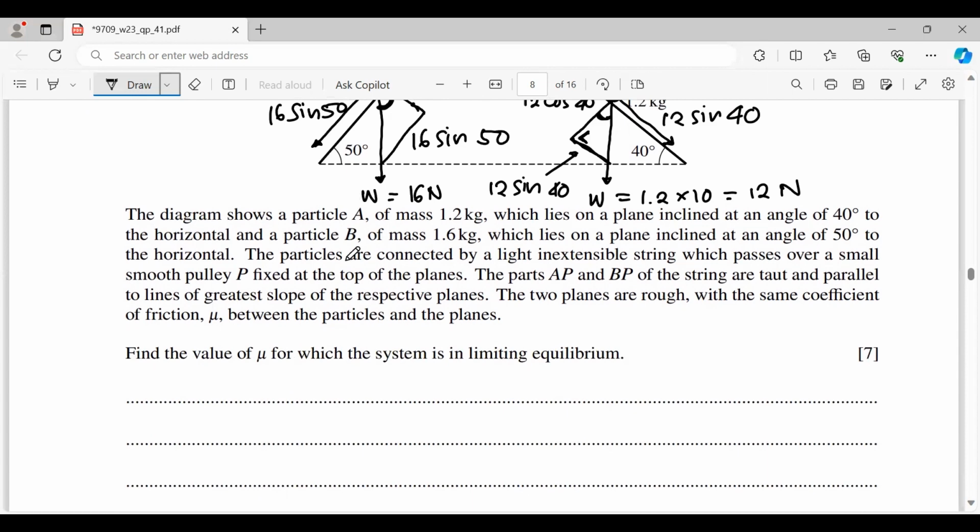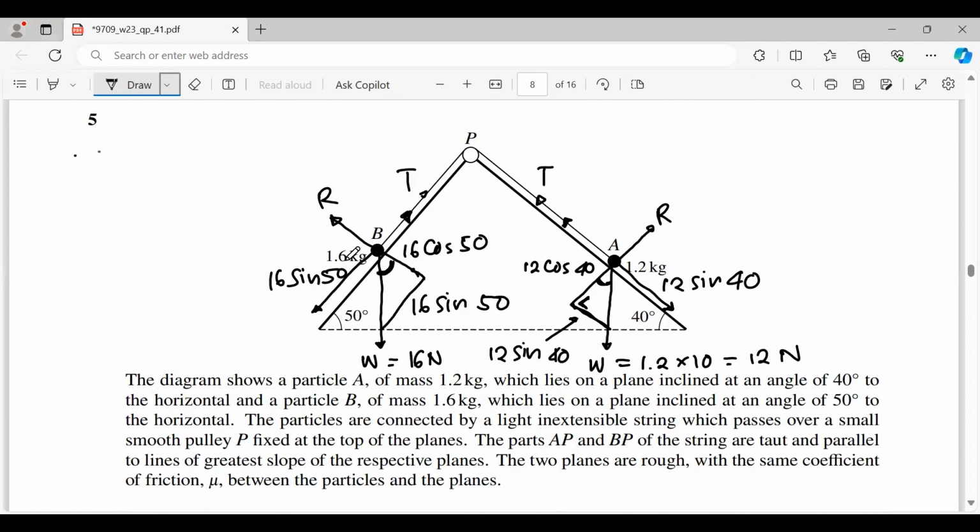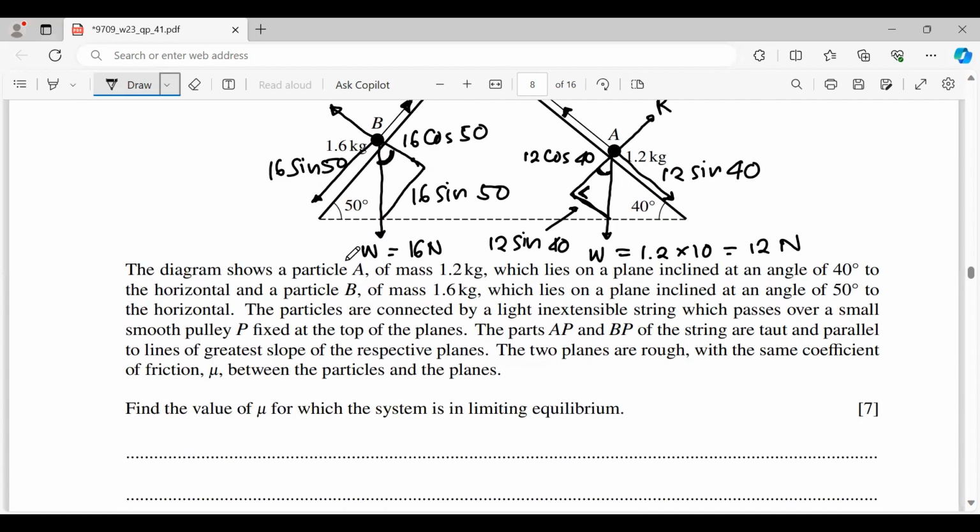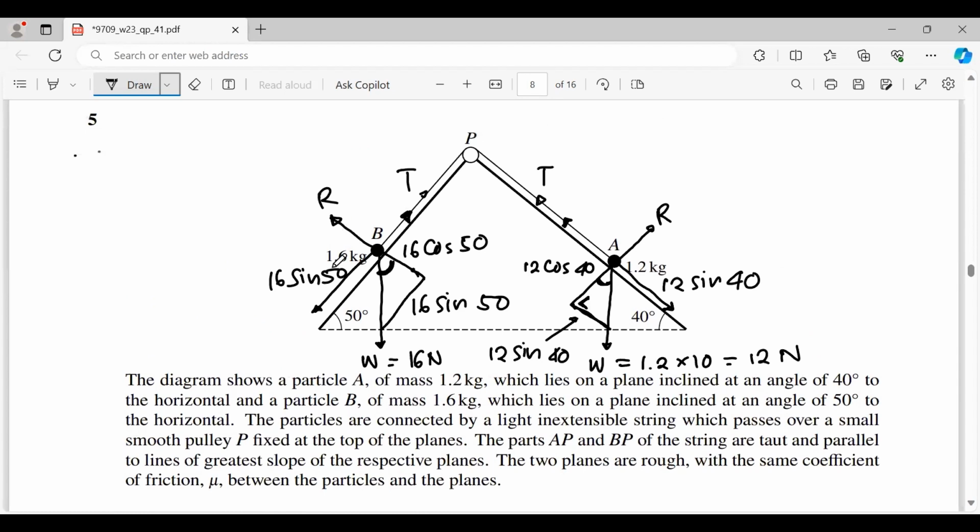So now look at B first of all. On particle B, 16 sine 50 minus tension minus FB equals 0. So tension plus the force acting on B equals 16 sine 50.